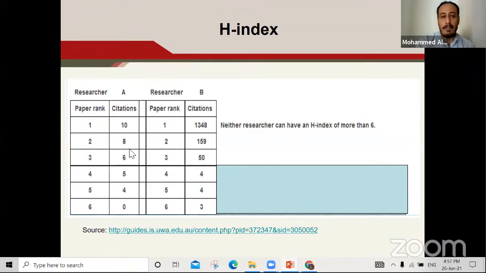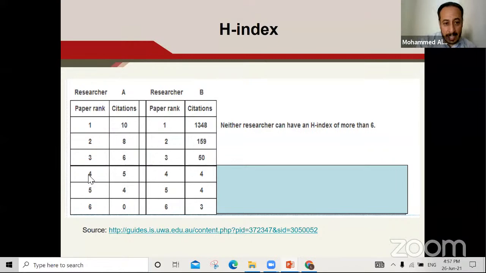Usually if you have 10 articles and each article has a different citation count, to get your H index, just sort your articles in descending order based on the number of citations. The first paper should be the one that got the highest citations, and so on. So your H index is the paper rank that got the same citation number or more.